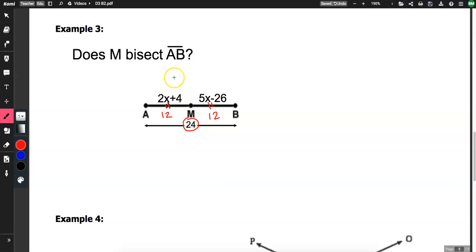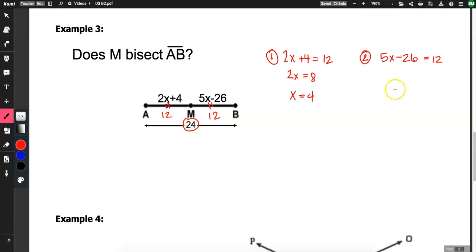So I'm going to see if the expressions we're given for each of them actually equal 12. So let's check. If I want to know if it bisects, let's see if this is true, that 2x plus 4 equals 12. Let's solve for x. 2x equals 8, x equals 4. So if it bisects, that means that I should get the same value for x for both cases.